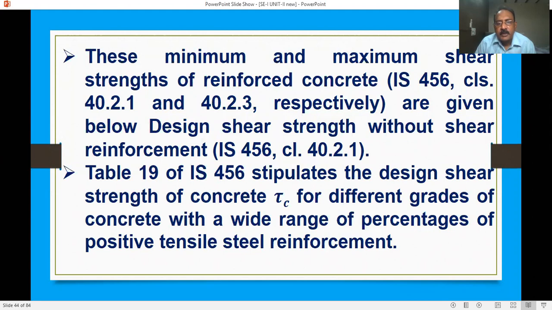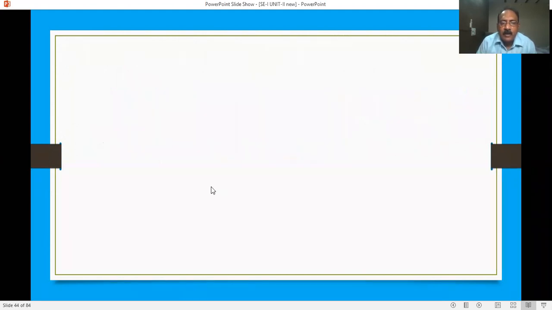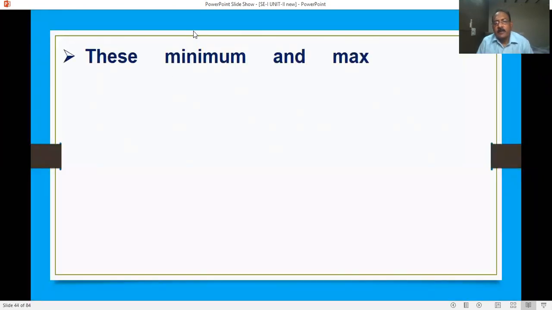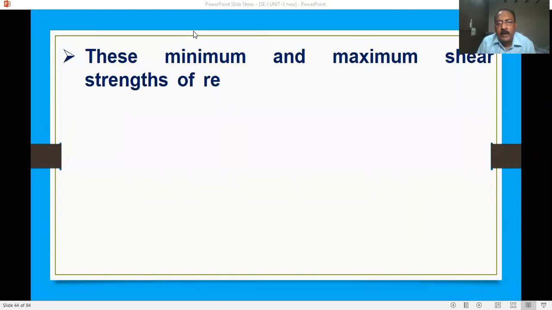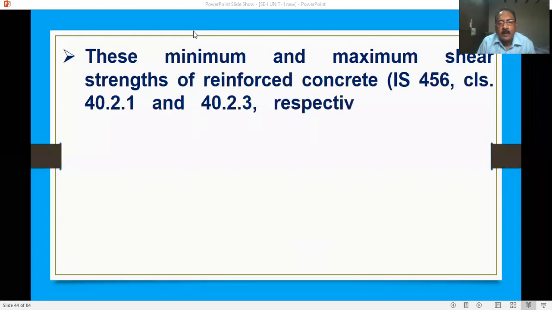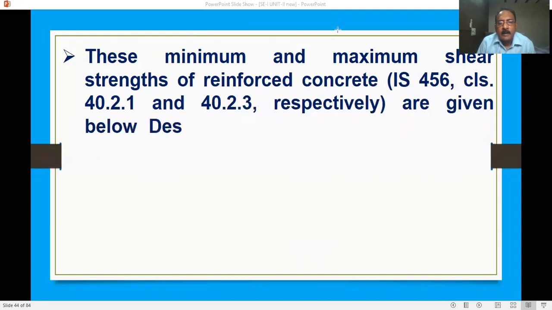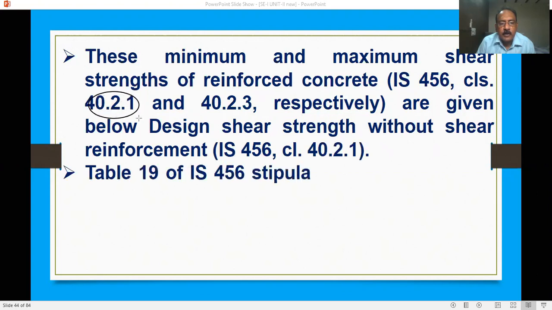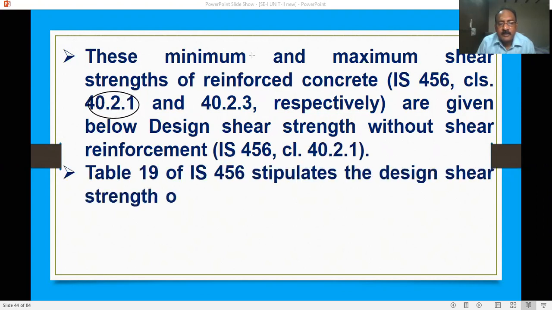You should not attend this subject without the code book, because whenever I explain, you have to see your IS code book. Here, if I say clause 3.2.1, you have to open that book and see.